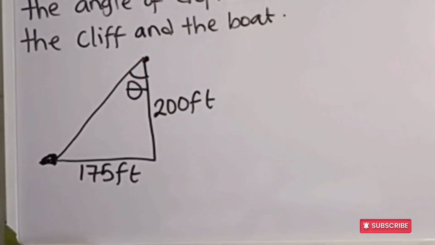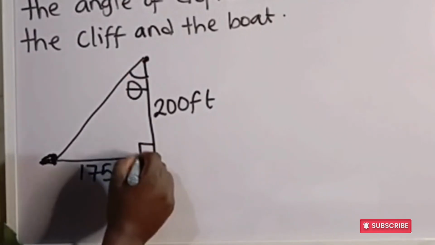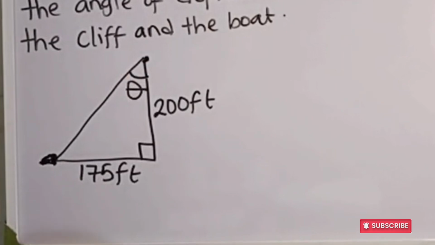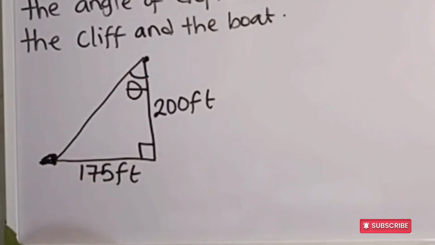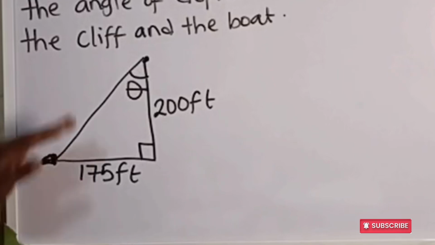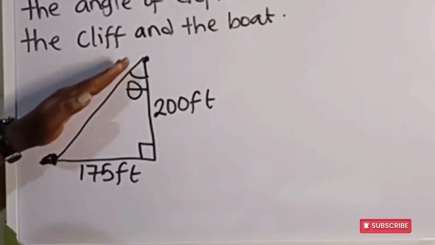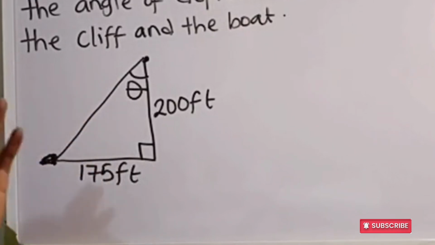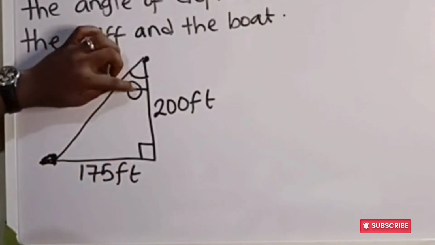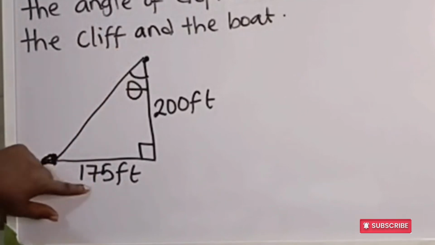Okay, so that means this angle here is 90 degrees. The angle between the base of the cliff and the water is 90 degrees. So in this question, we were not given the hypotenuse. The hypotenuse is the side opposite the 90 degrees. Here, this is the angle we are looking for, so this is the opposite.